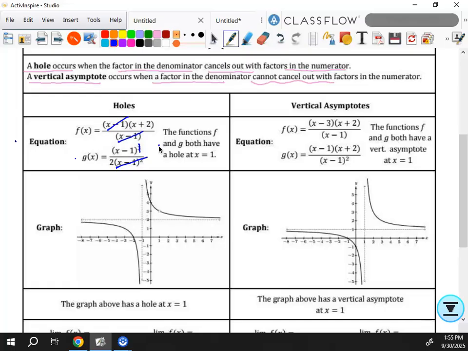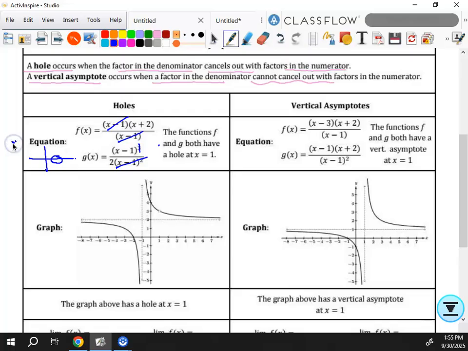You can't have both, right? Because a hole is a non-point and a 0 is an actual point. So what that really means is that at 1, you have the hole on the x-axis. If it looks like you have a hole and a 0, the hole wins out, okay? It just means we have a hole on the x-axis. That's not something I think has come up before, so I just want to make sure you understand that.